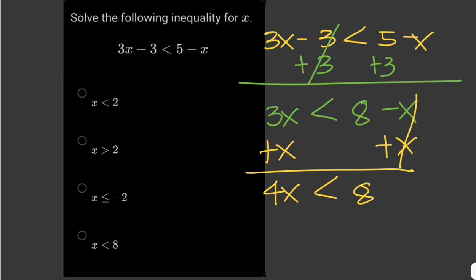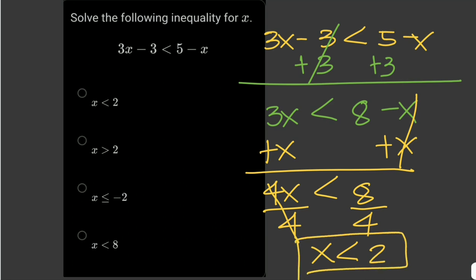And now to finally solve for the value of x, we divide both sides by 4. And we get x less than 2. So this is the inequality for x. So the answer is this one.